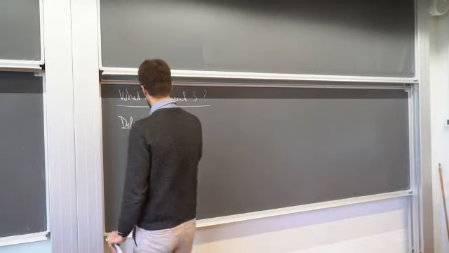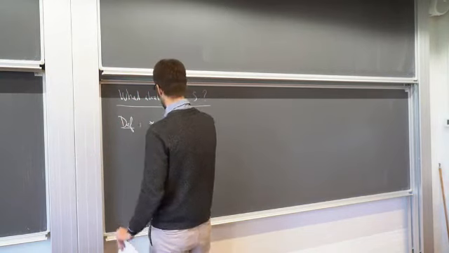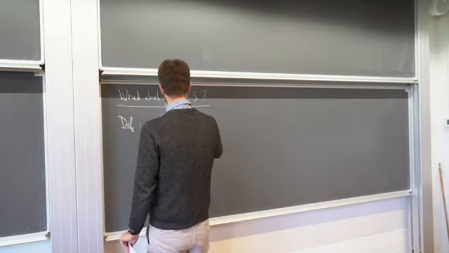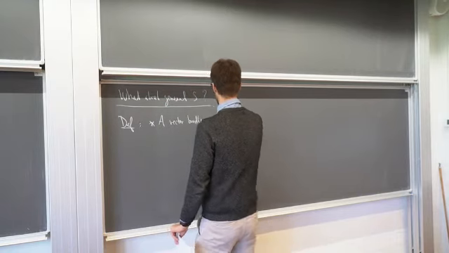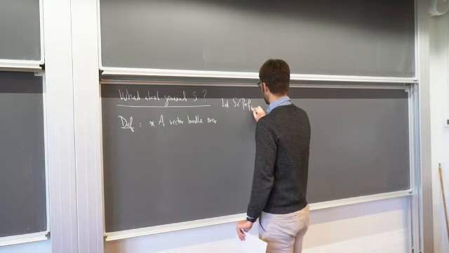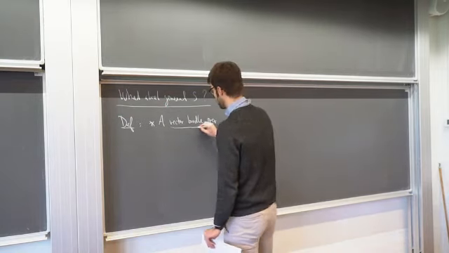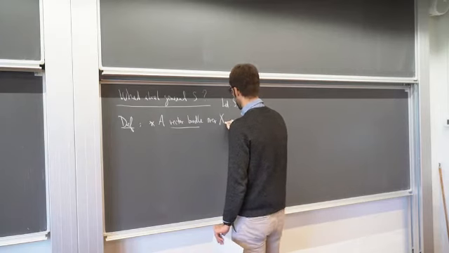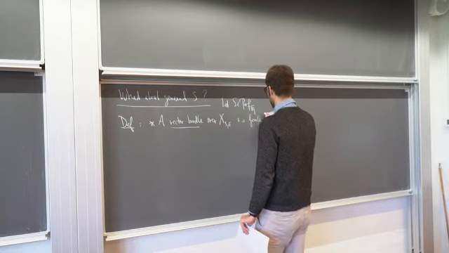So first, I recall what a vector bundle is, even if this was already used here. Let S be a perfectoid space over F_q. A vector bundle over X_{S,E} is just a finite locally free module.